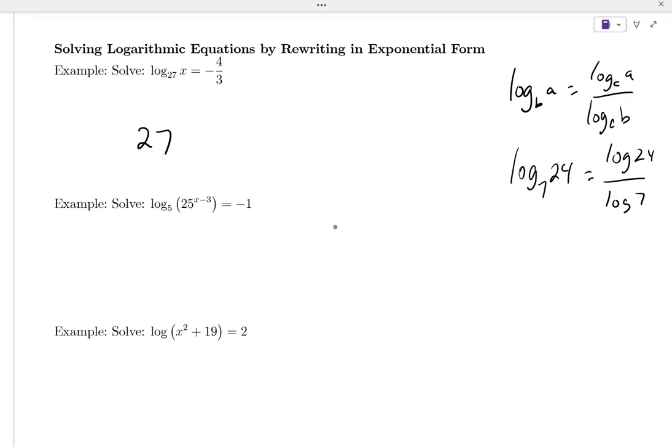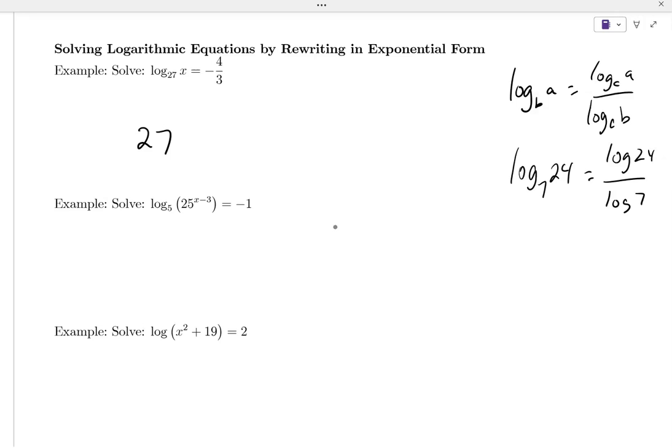What's going to go in the exponent? It's the negative 4/3. Because remember, logarithms and exponentials are inverses of each other, right? The input of the log is the output for the exponential. The output for the log is the input for the exponential.